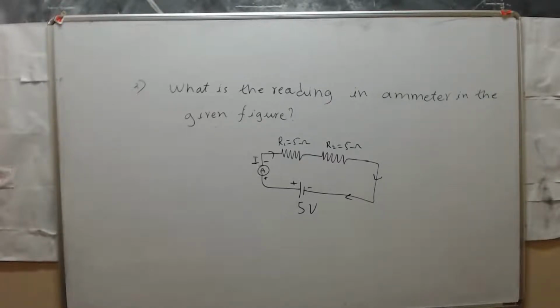Anu Sangeet, current is 0.2 ampere. So here we got two different answers. Sampath Kumar answered current is equal to 0.5 ampere. Okay, wait for others. Yes, only 3 students responded. What about others?